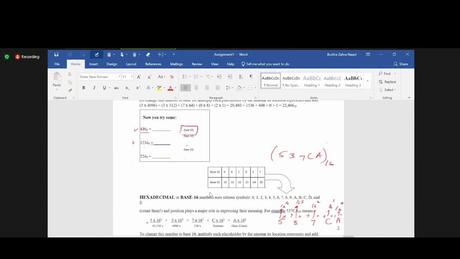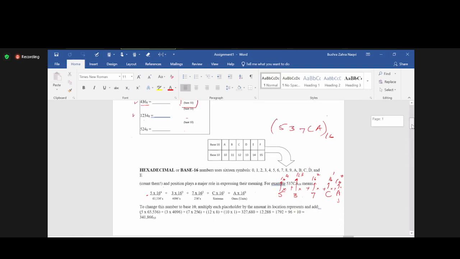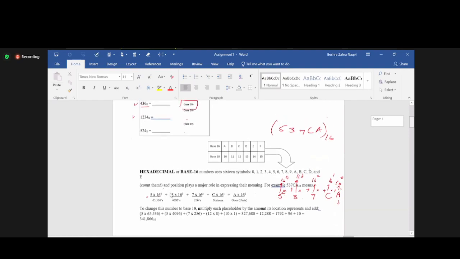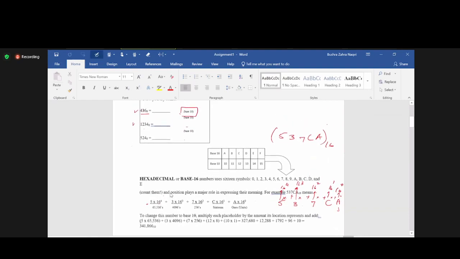So multiply 5 by its weight, which is 16 raised to the power 4, 3 by its weight, which is 16 raised to the power 3, and so on, right? So do your little math. Use your calculator to get 16 raised to the power 4.